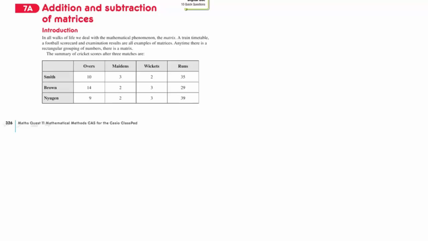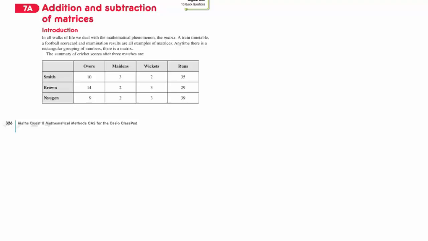Alright, addition and subtraction of matrices. In all walks of life, you actually have been dealing with matrices without realizing it. If you have used Excel, for example, or any spreadsheet, you actually effectively were using matrices.